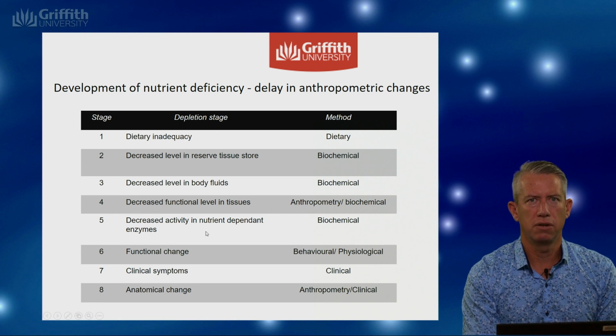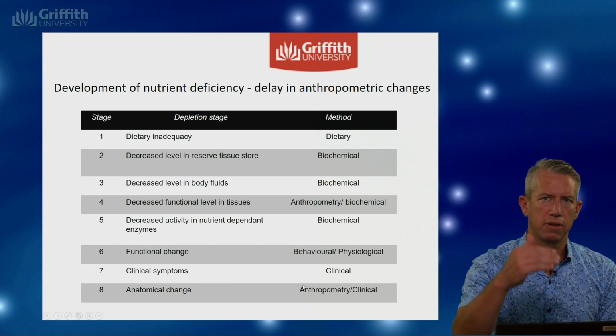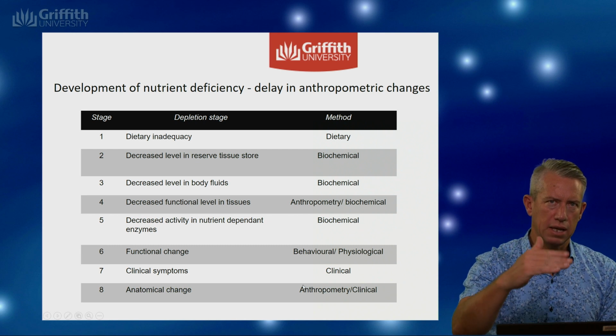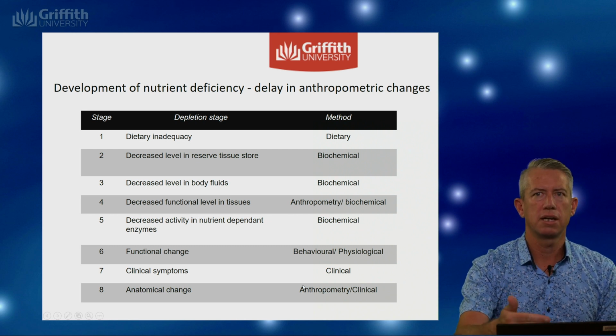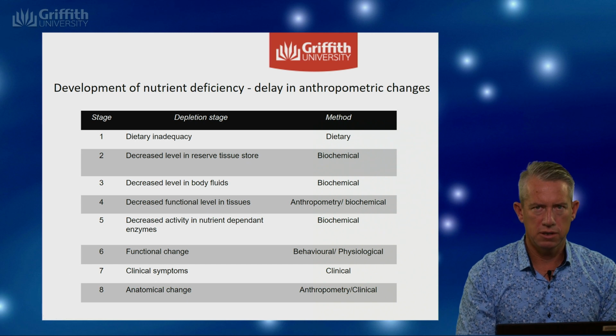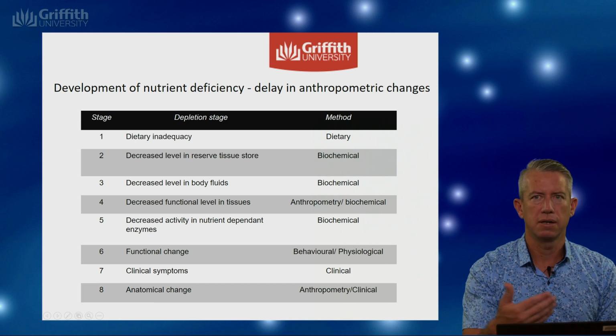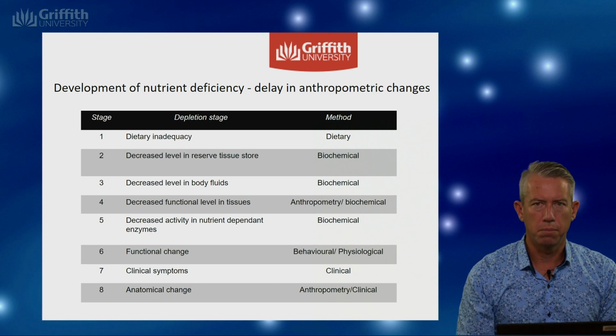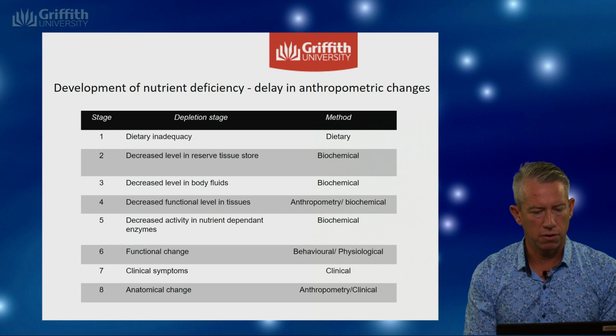Decreased activity in nutrient-dependent enzymes, a functional change, a clinical symptom, and then an anatomical change. So you can see here that there's quite a potential delay between when someone's food intake is poor relative to what we might see in their anthropometric changes. So there's a number of steps that would need to be undertaken before that anthropometric change is going to be identified.